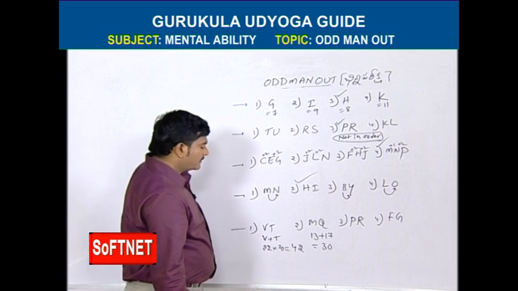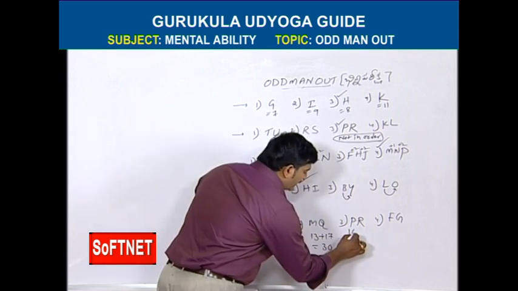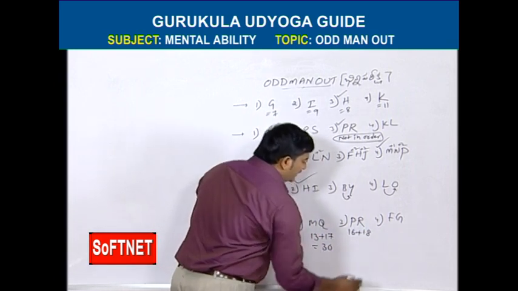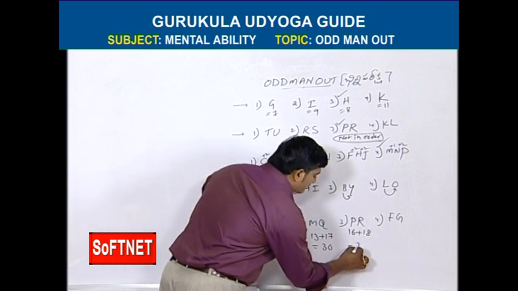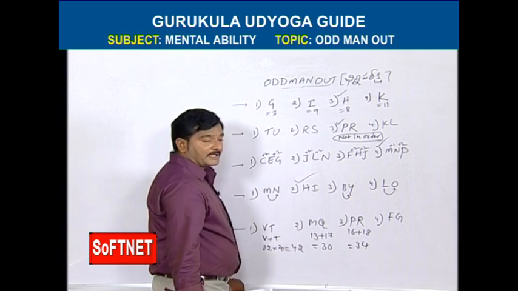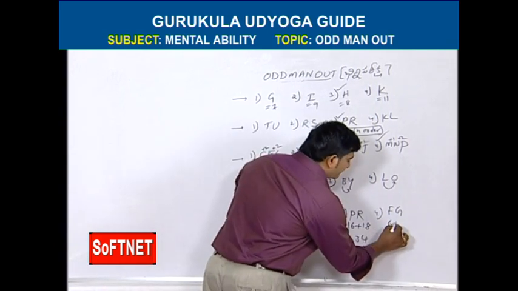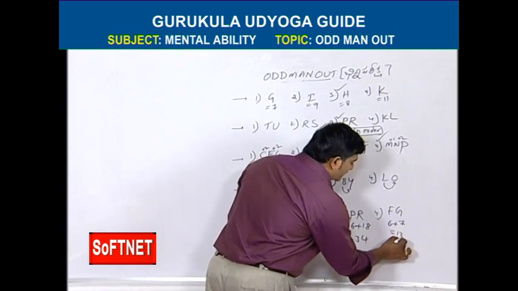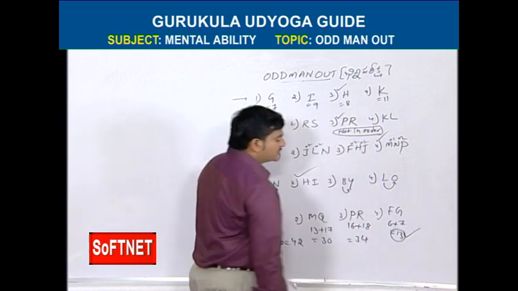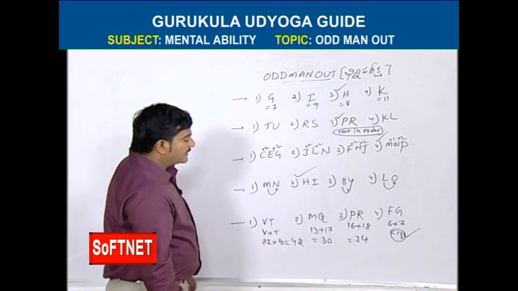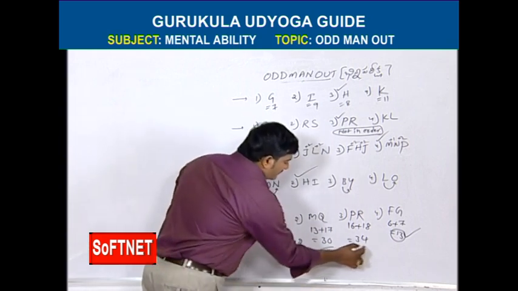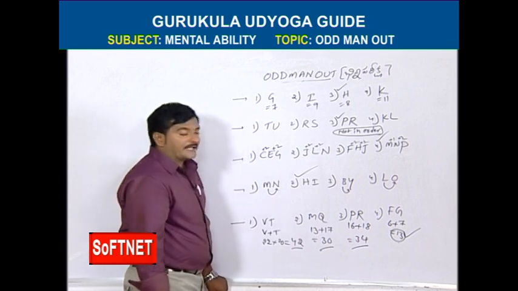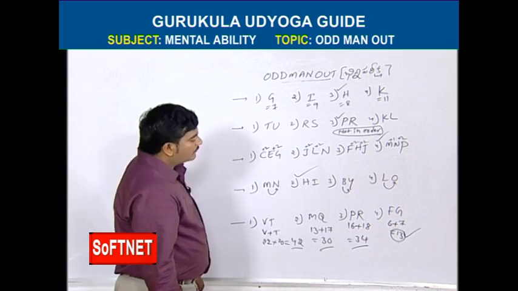Similarly P means 16, R means 18. 16 plus 18 is 34. And finally 6 plus 7 is equal to 13. Hence this is the answer, because when I add the remaining ones, I am getting even numbers: even, even, even. But there I am getting an odd number. That's why the fourth one is the answer.